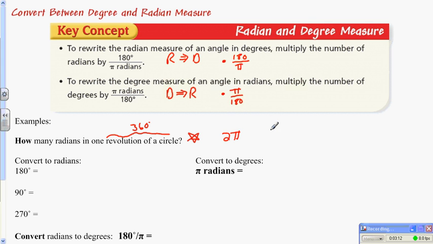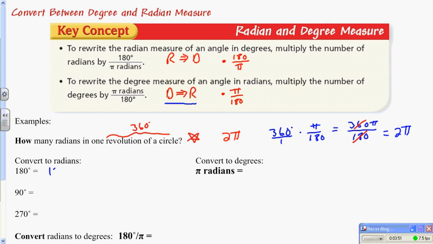Well, if we take 360 degrees and we want to go to radians, we would use this one, degrees to radians, so pi over 180. And we will multiply these two, which gives us 360 pi over 180. And we can reduce it, and we end up with what we wanted, 2 pi.